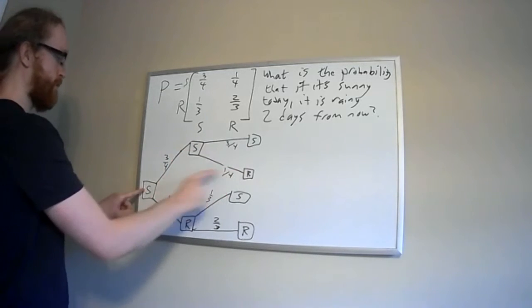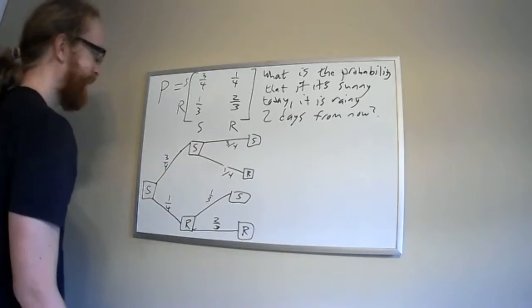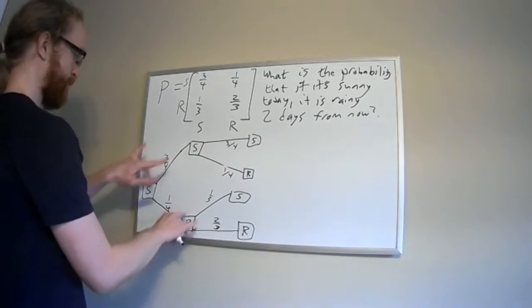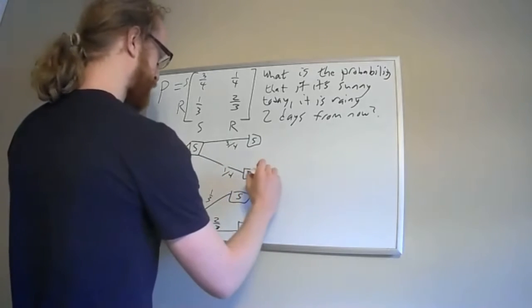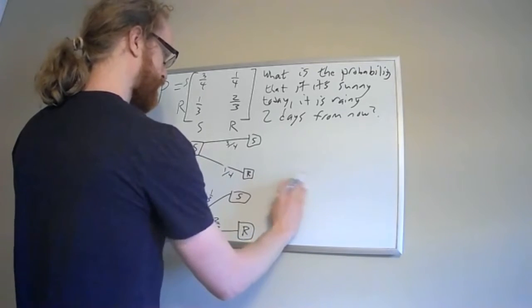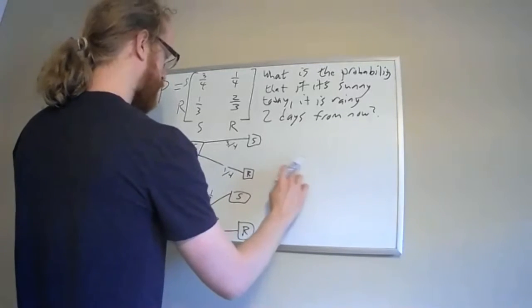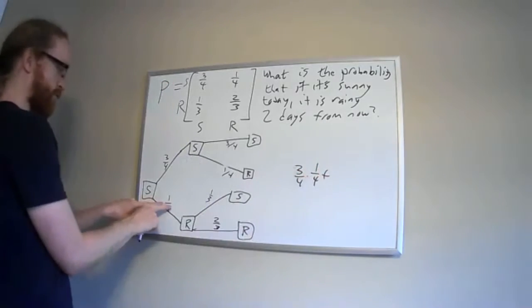That's sunny, sunny, rainy, or there's sunny, rainy, rainy. Those are the only 2 possibilities. And so I need to multiply those and add them up. So I need to take 3/4 times 1/4, and then I need to add 1/4 times 2/3.